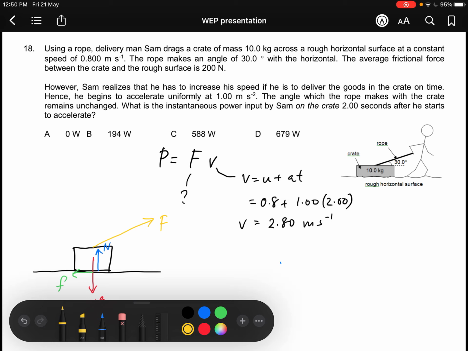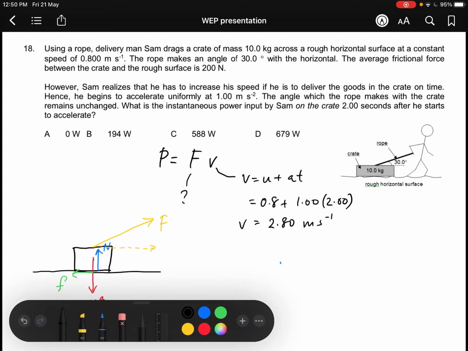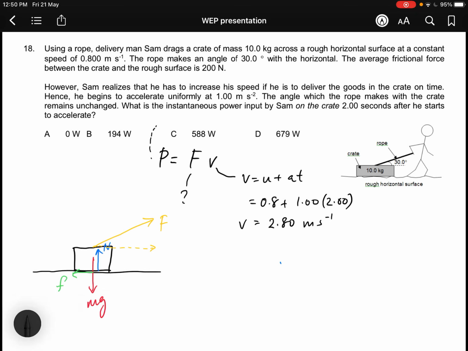Now, what do we use as the F in this case to calculate the power? We don't actually use the entire pulling force, but we use the component of the pulling force that is parallel to the V. Because if we go back one step, before we get power, we're actually talking about work.